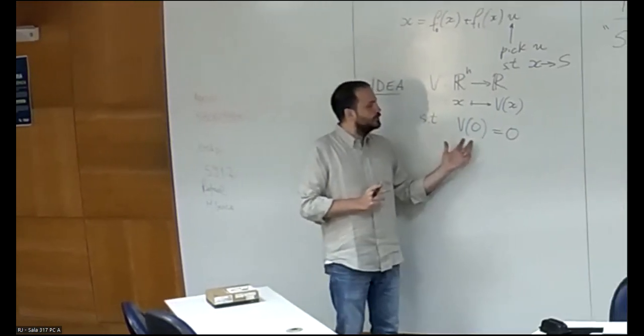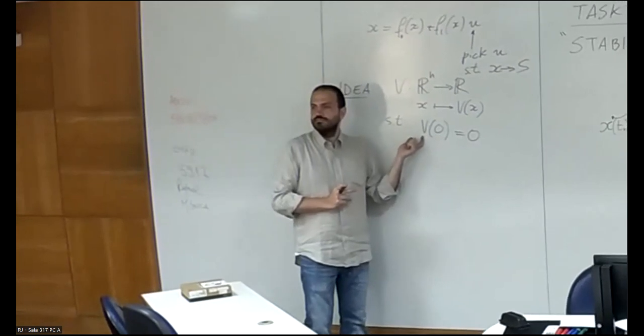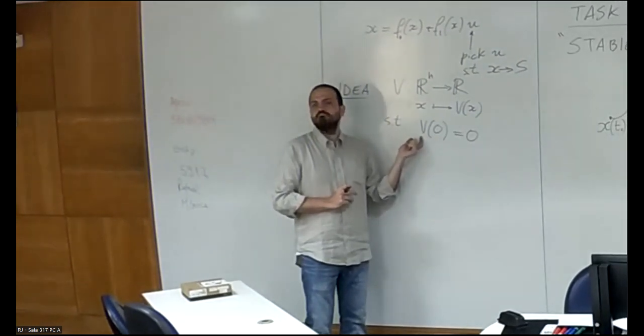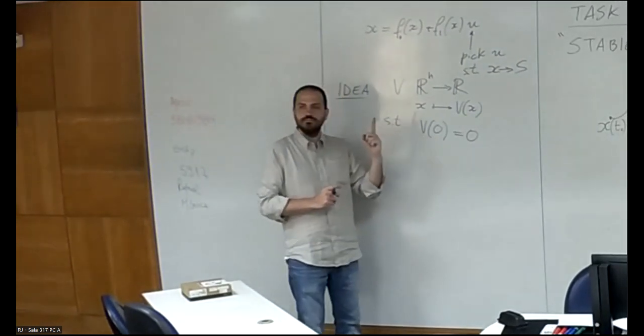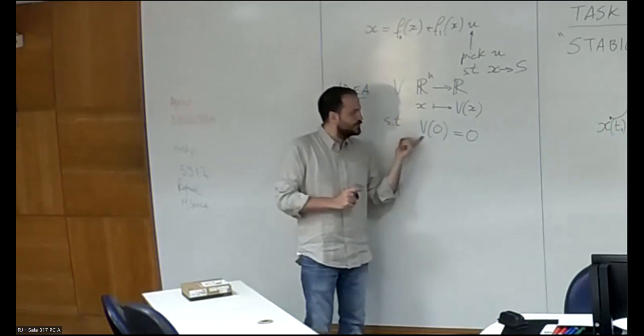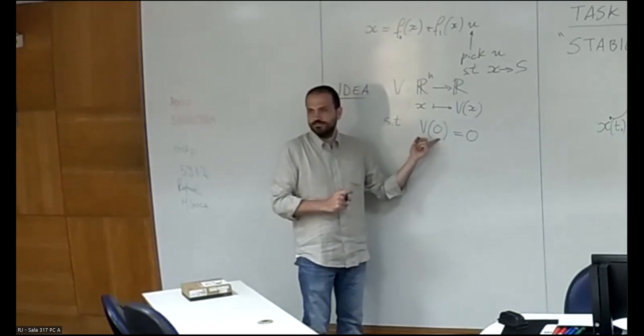Then all we need to do is to drive V to 0, which is one value. And if V goes to 0, then we are sure that x is 0.